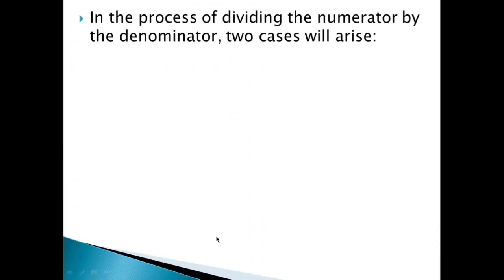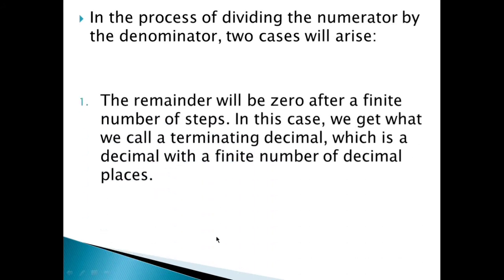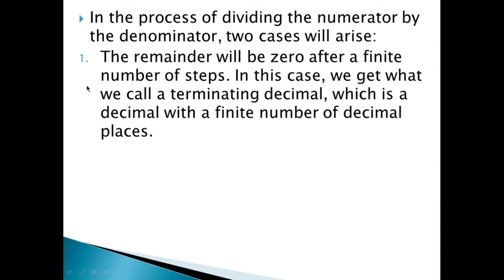Okay, so in the process of dividing the numerator by the denominator, two cases will arise. So first, the remainder will be 0 after a finite number of steps. So in this case, we get what we call a terminating decimal, which is a decimal with a finite number of decimal places.